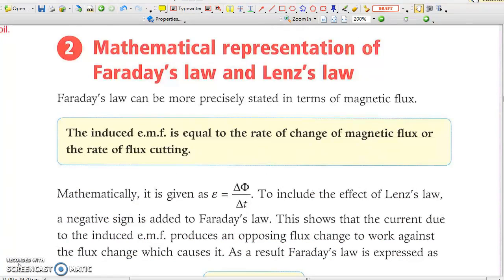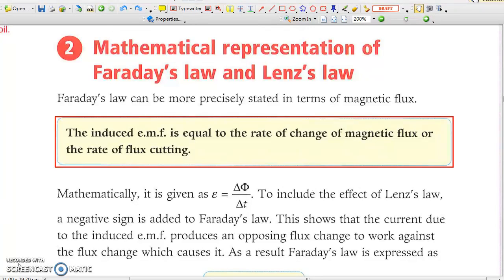2. Mathematical representation of Faraday's law and Lenz's law. Now, Faraday's law can be restated mathematically. The induced EMF is equal to the rate of change of magnetic flux or the rate of flux cutting.